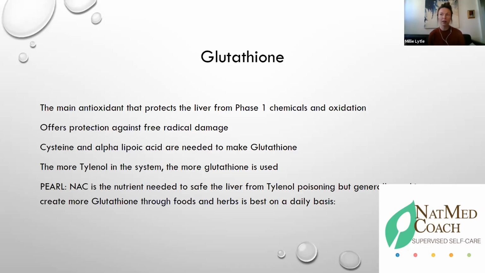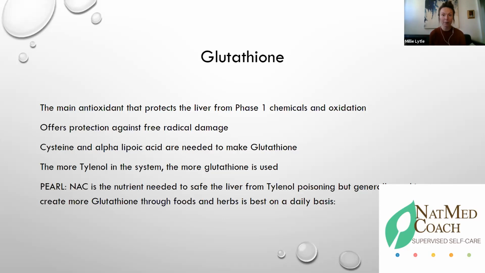So the glutathione basically neutralizes these free radicals and ensures that the liver is in good shape and that it's not being damaged. And glutathione is created from a series of nutrients. So our body makes glutathione, but in order to make glutathione, we need to have a series of nutrients there so that it can protect the liver.